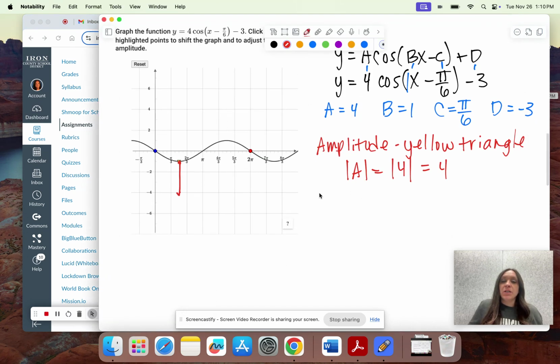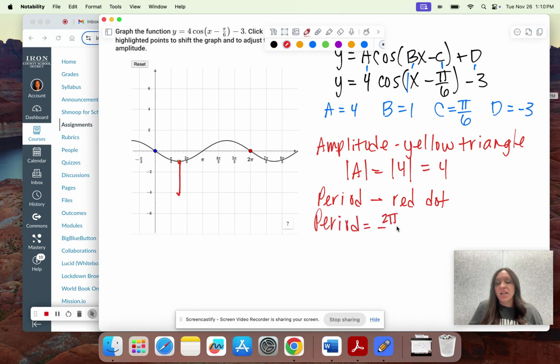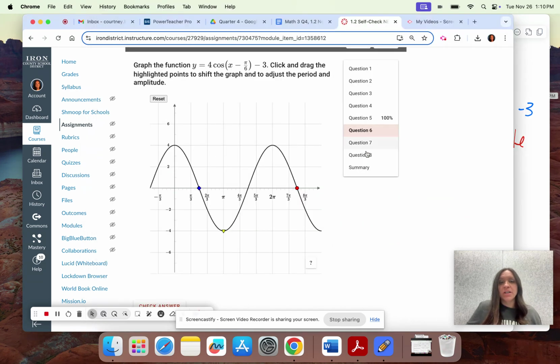Okay, now we're going to do the period. That is the red dot. And we find the period by taking 2 pi over the absolute value of b. But in this case, b is just 1, which means the period doesn't move. The standard period is 2 pi. So we actually don't have to move the red dot. If you look, it's not at 2 pi, but we're looking at the distance before the graph repeats its cycle.